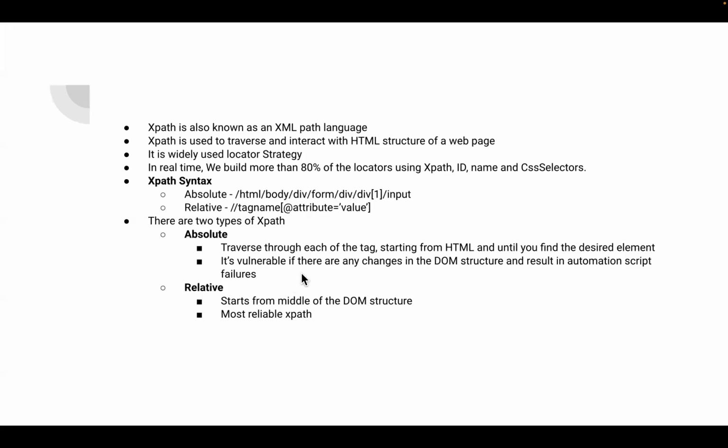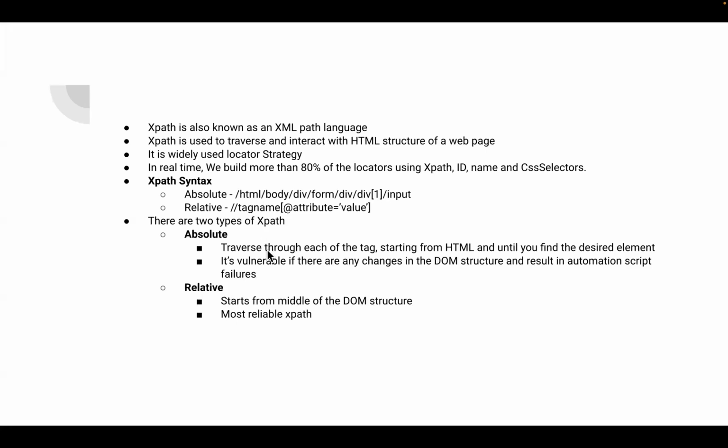And it is vulnerable if there are any changes in the DOM structure, and that results in automation failures. Because if the DOM structure is changed, your automation script is going to fail because the absolute path will change, because this is static.